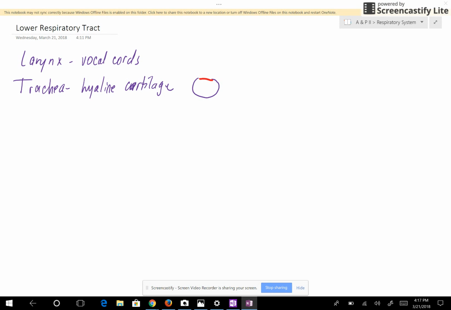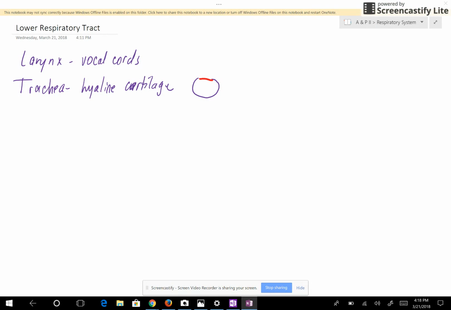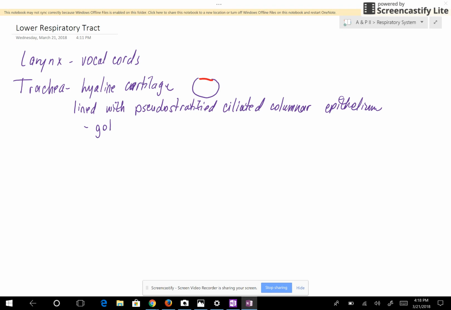Okay, the trachea is also going to be lined with pseudostratified ciliated columnar epithelium, and you also have goblet cells there.